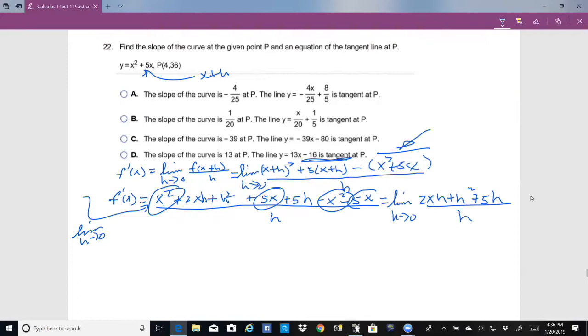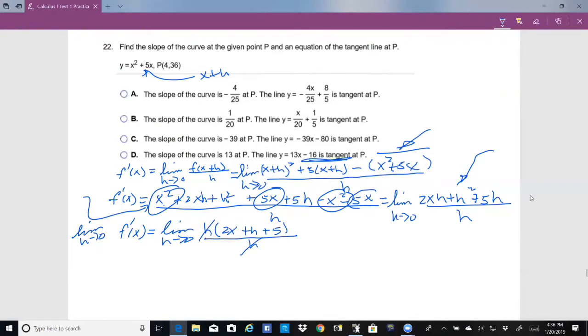And f prime of x then is equal to the limit as h approaches 0. Notice we've got a common factor h in the numerator, which I'm going to take out. We're left with 2x plus h plus 5 divided by h.